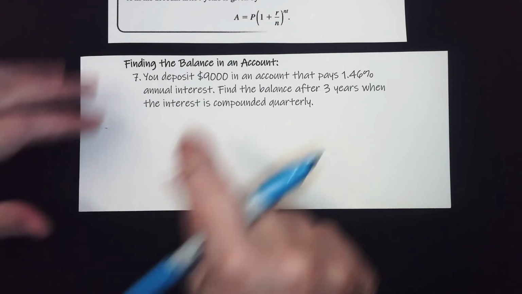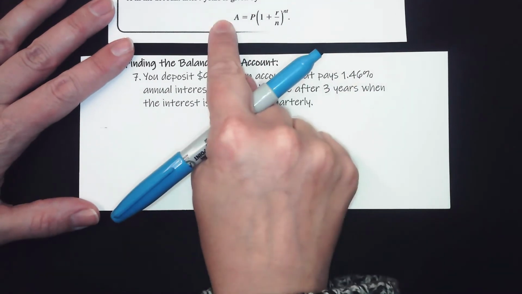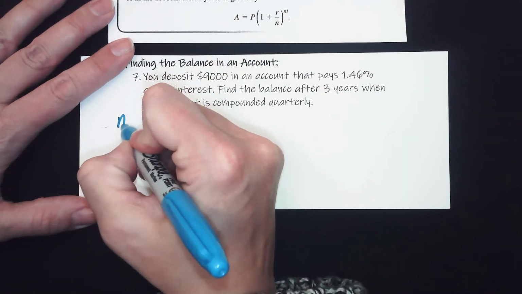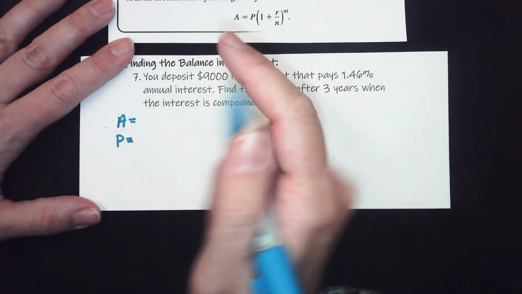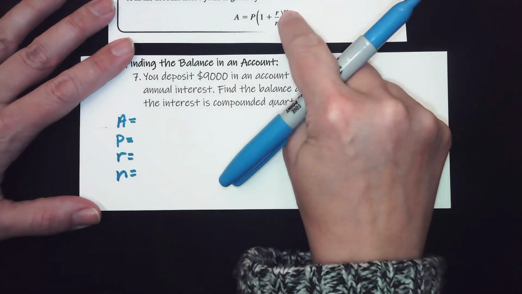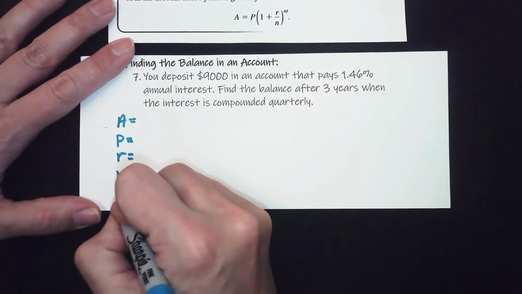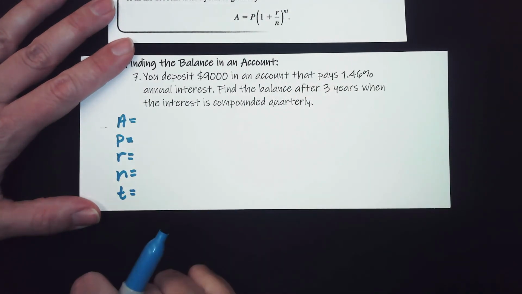So what I like to do with formulas like this that have lots of letters is I start from the left and work my way over, and I write all the letters down. So I have capital A, I have capital P, I have a lowercase r, a lowercase n, I have n again, and then I have a t. So I have 5 variables in this equation.